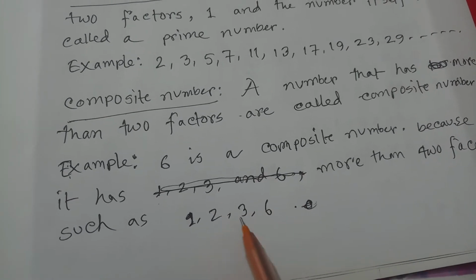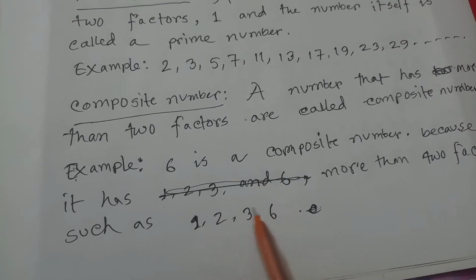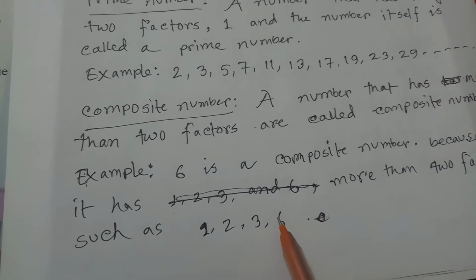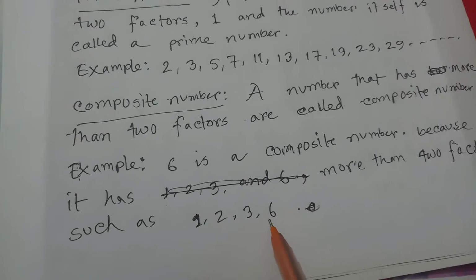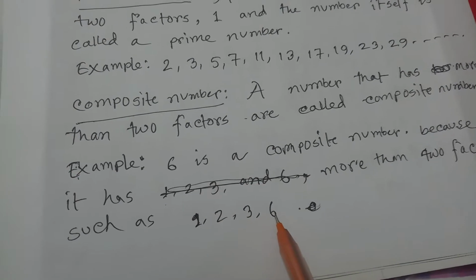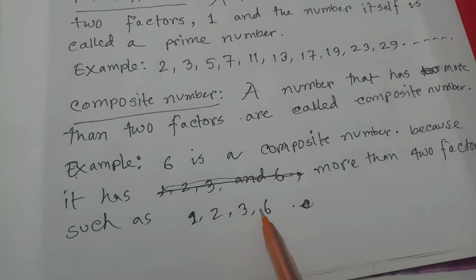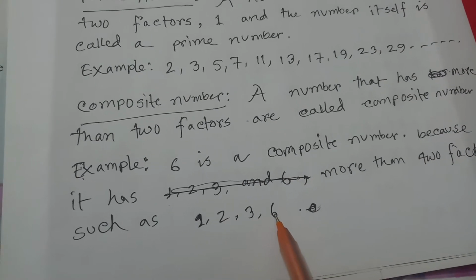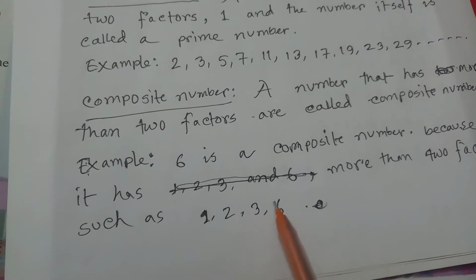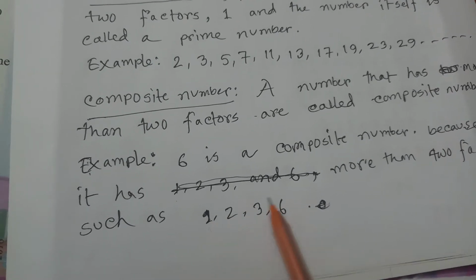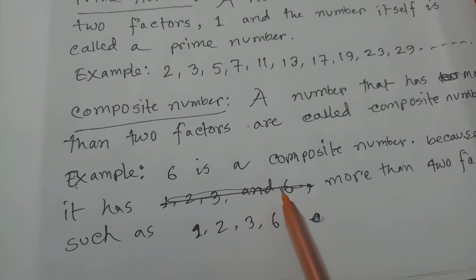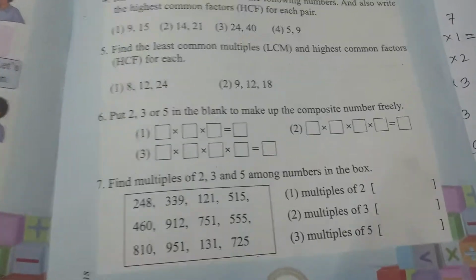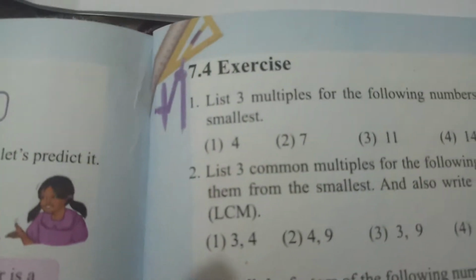These numbers are the factors of 6. 1, 2, 3 and 6 are four factors, and 6 is divisible by these numbers. So it is called a composite number. 6 is a composite number.